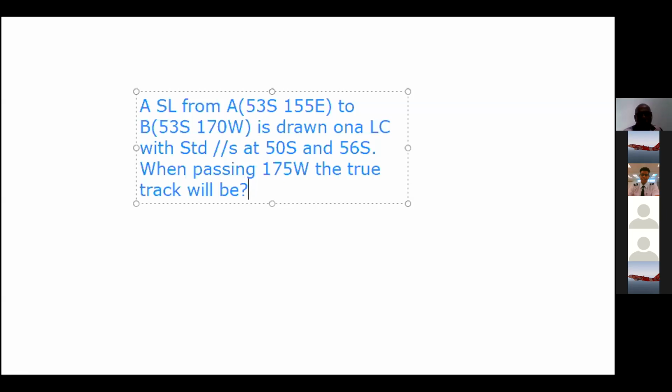So 30 change of longitude, 30 into sine 53. How much is it? 24 degrees. So what is that, convergency? What is convergency angle? 12. So you start 090 minus 12. Sorry, 090 plus 12.